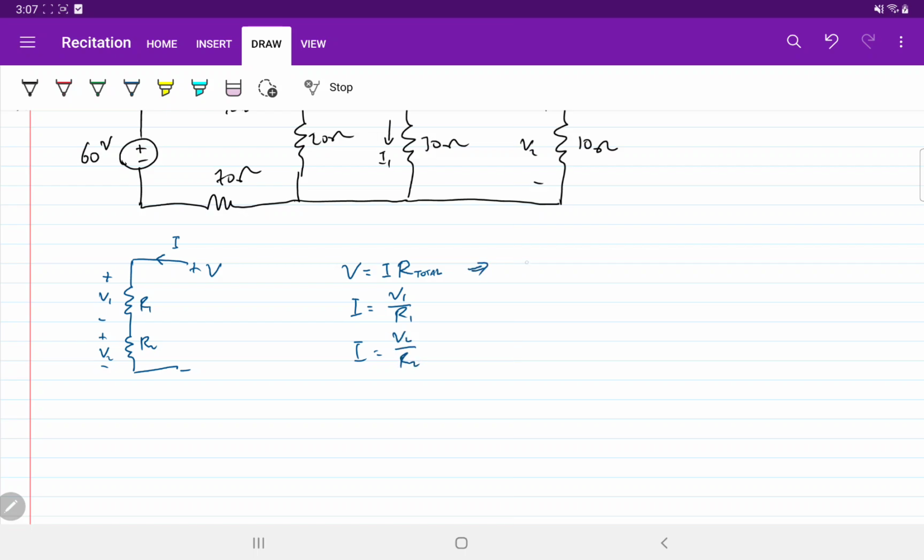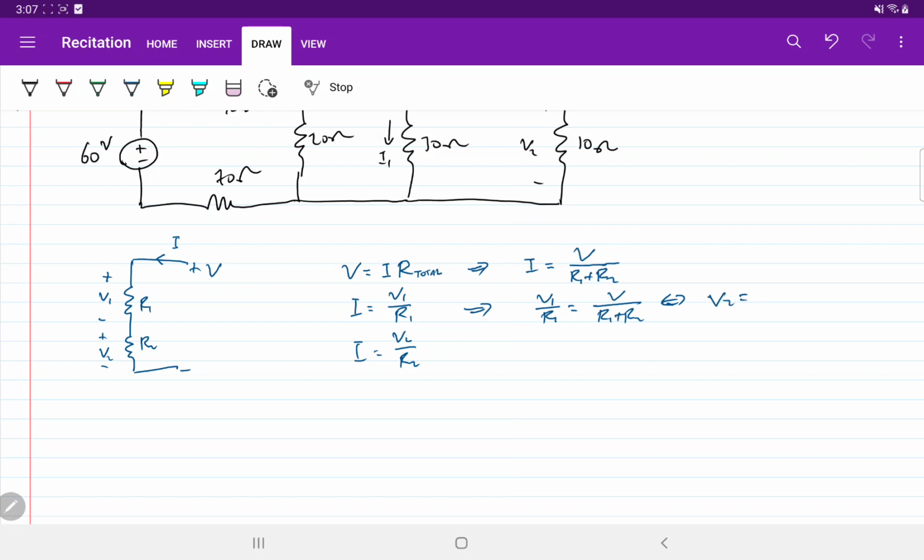So from here we have I is V over the total resistance, which is R1 plus R2. Okay, since this current is the same as this one or even this one, then we can have V1 over R1 is V over R1 plus R2.